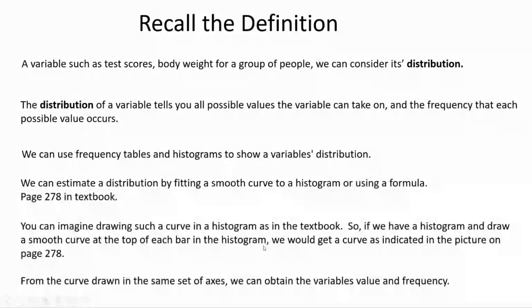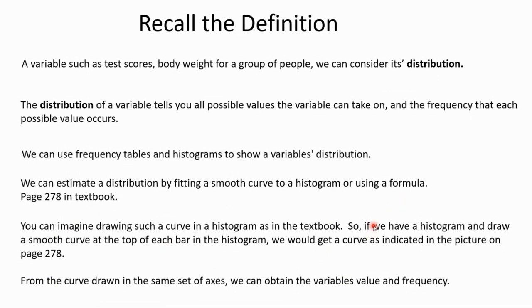You can imagine that the curve is touching the top of each bar in the histogram. And such a smooth curve can sometimes be given by a formula. Thus, you can also estimate a distribution using a formula.